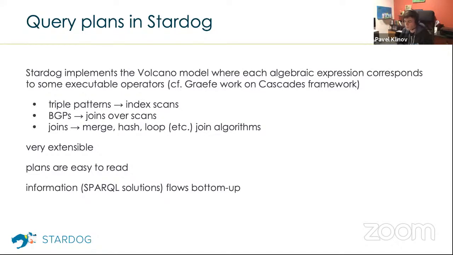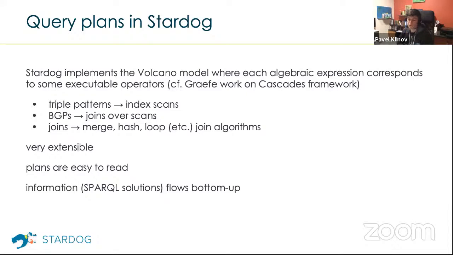So just briefly, I need Stardog query plans to illustrate this point. Stardog is a pretty classical query engine in terms of the evaluation model which it follows, the so-called volcano model. It's been known since the late 80s, I think. Goetz Graefe and his seminal work on the first system, I think it was called Exodus, and then Cascades, which is still a basis of many query optimizers at Microsoft.